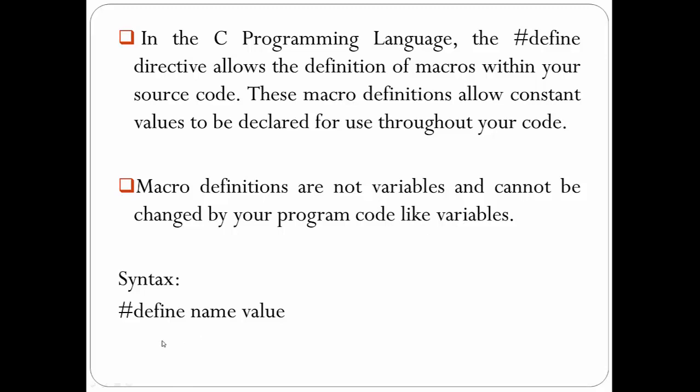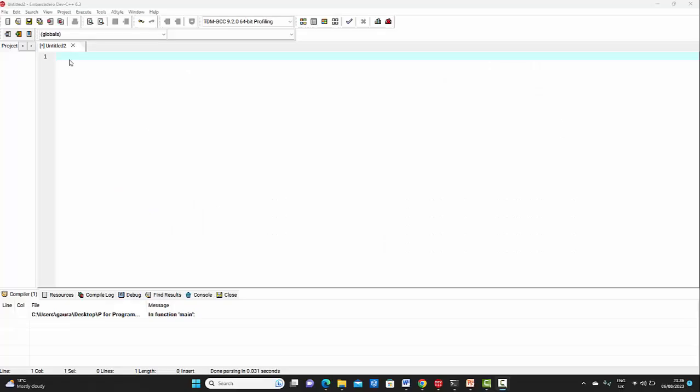As per the syntax, we have to put #define, then the name of the constant, and next to it, we can provide the value of the constant. Let's see a C program to understand this concept. I'll start my program with a comment. I'll be using a single line comment.